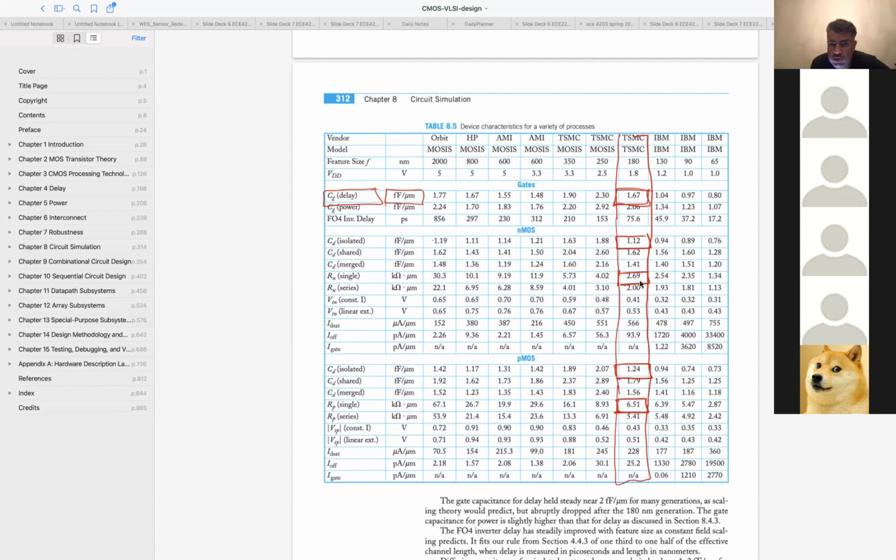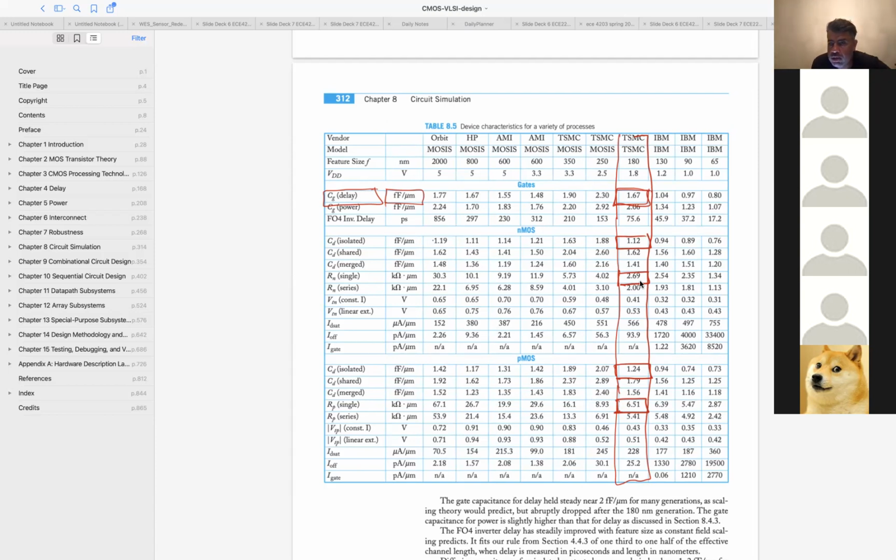So again, it shows you that the P's current is 2.5x less. So the effective resistance for the P is sort of like 2.5x higher.